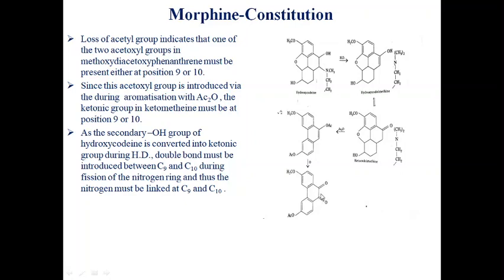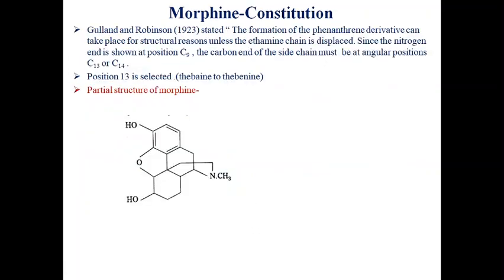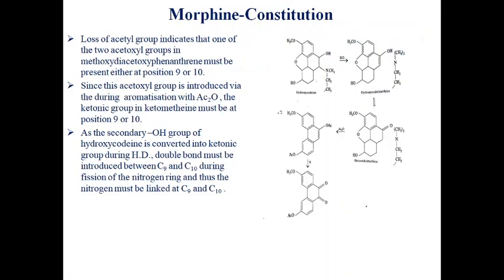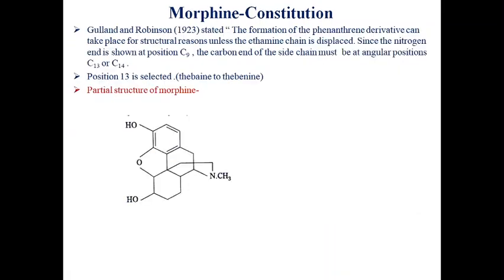This is known as hydroxyquinone. So this is the series of reactions which we have studied, and as you can see here, there is one very important inference given by the two scientists Gulland and Robinson in the year 1923 regarding the constitution of morphine.